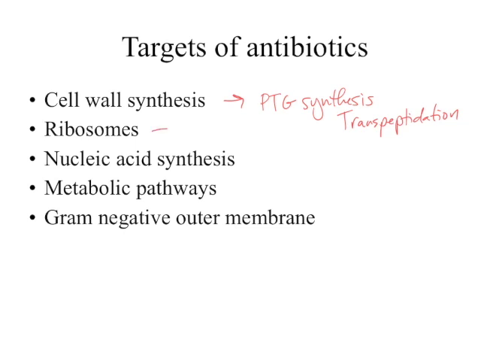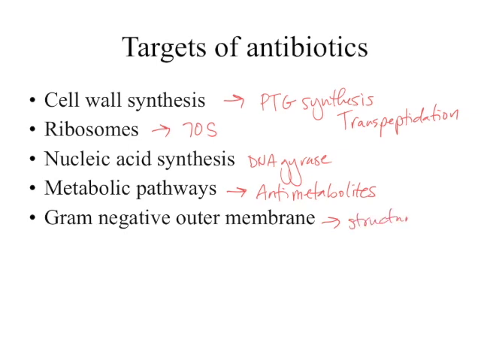Ribosomes are another big target because recall bacteria have 70S ribosomes and we have 80S. Nucleic acid synthesis, usually by targeting DNA gyrase. There is one very important drug that targets a specific metabolic pathway of bacteria. These are called antimetabolites. And then finally, we can have specific antibiotics that target the gram-negative outer membrane. So maybe they target particular structures that are only found in our gram-negative cells.